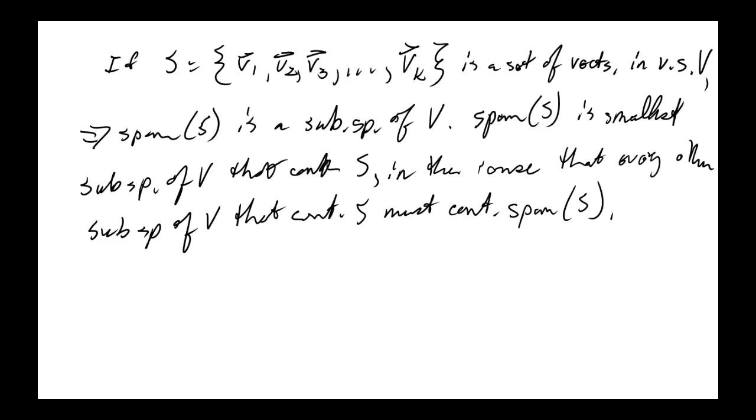In the sense that every other subspace of V that contains S must also contain the span of S. Because certainly, if it's a subspace of V that contains this set of vectors, it has also contained the span of that set of vectors, the smallest number that it can do. So yes, it almost feels like it's going in circles, but they are really making a point. Now, like you said, there's a proof here.